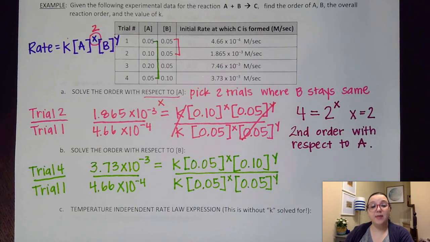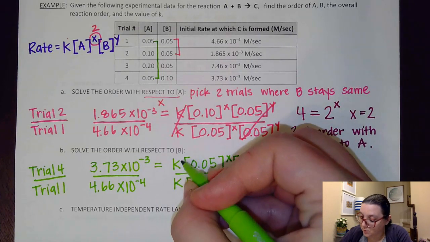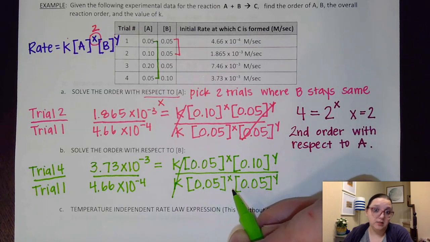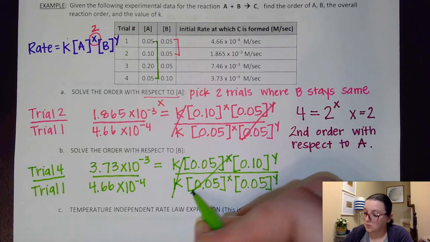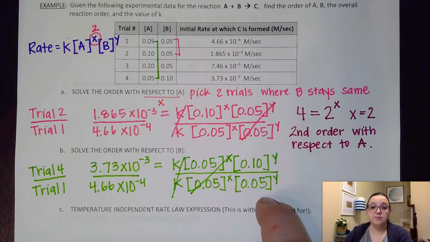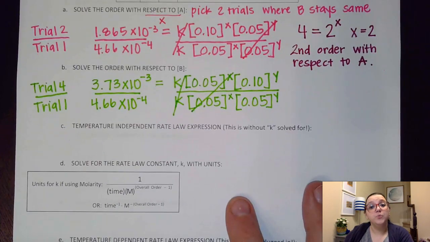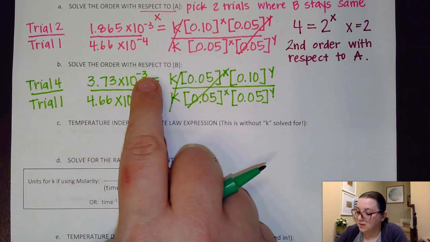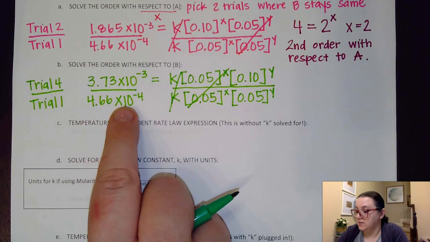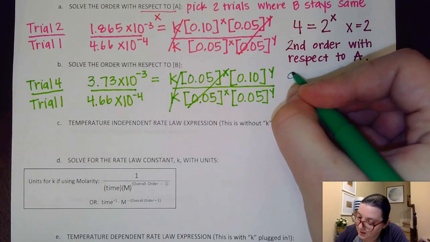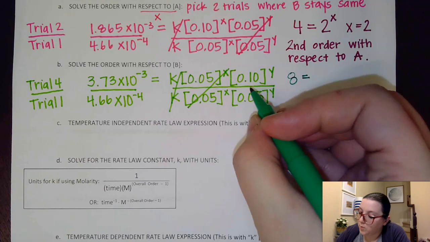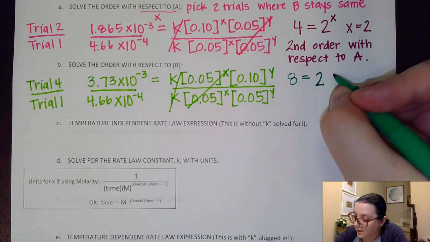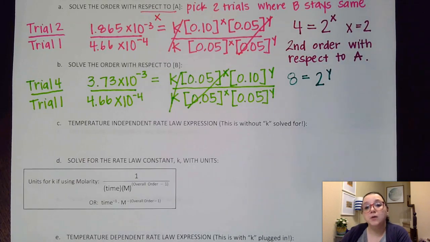All right, so again, thinking about what's canceling out here, K remains constant, so that would cancel. 0.05 to the X, which again is 2, would also cancel. And so therefore, I'm just left with this math right here. When I plug these into my calculator, 3.73 times 10 to the negative third divided by 4.66 times 10 to the negative fourth gets a value of 8. 0.1 divided by 0.05 is equal to 2. And then, of course, that's going to be raised to an exponent of y.